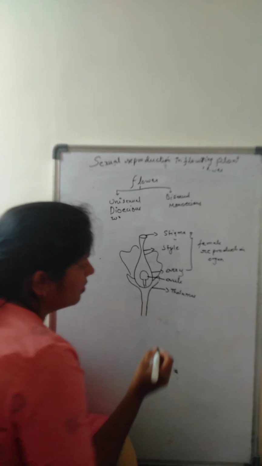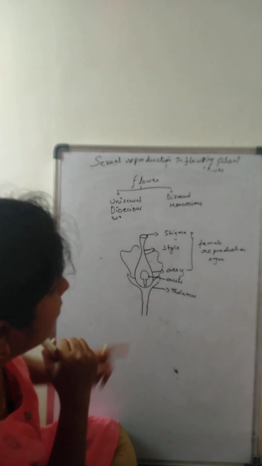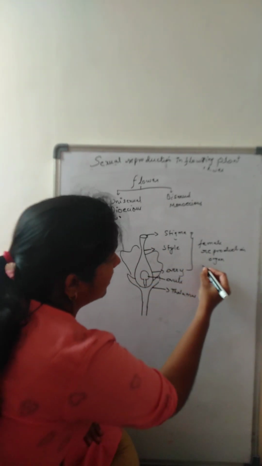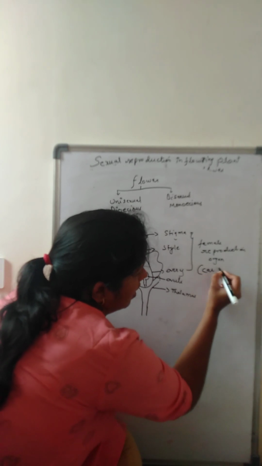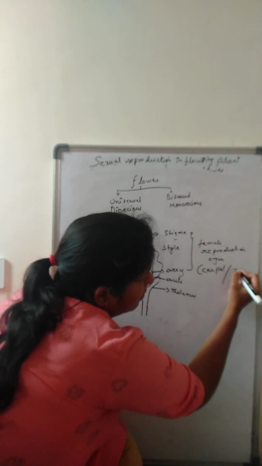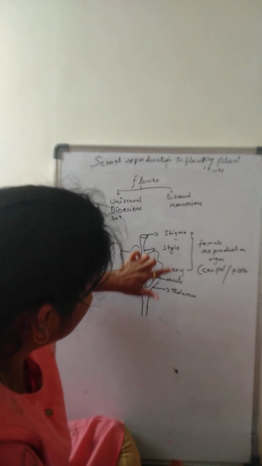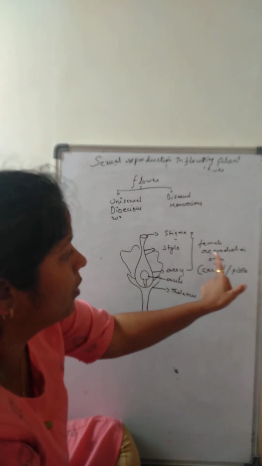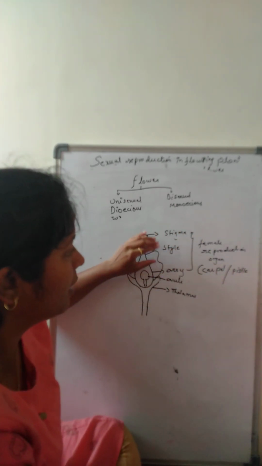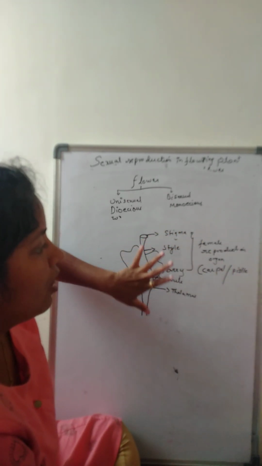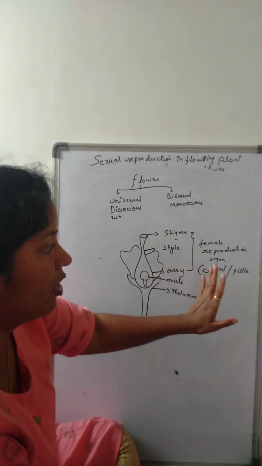Then it is known as what? Pistil or carpel. Carpel or pistil. The name of the female organ is a carpel or a pistil. These three together form the pistil or a carpel.